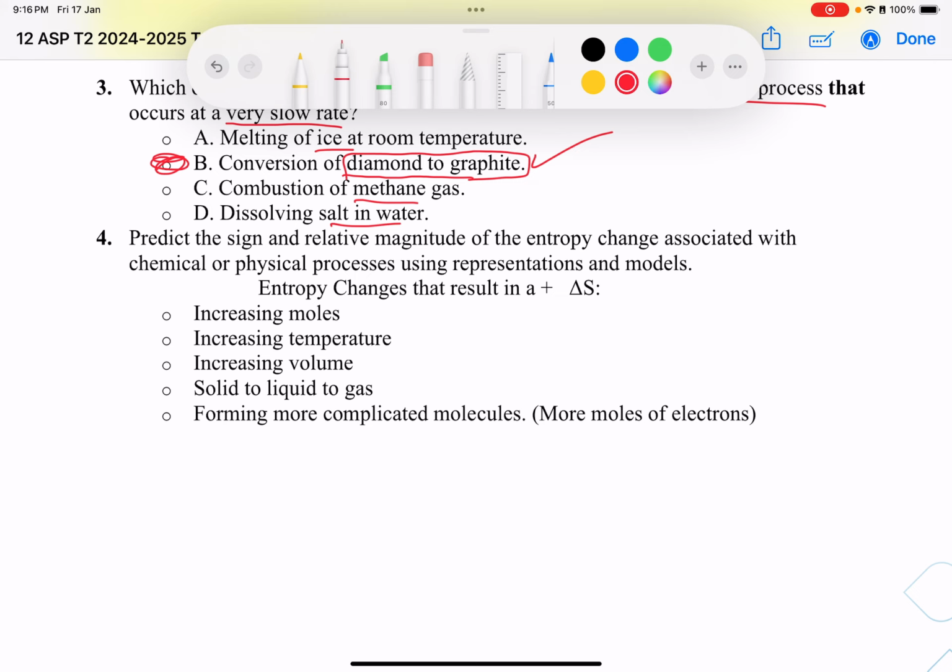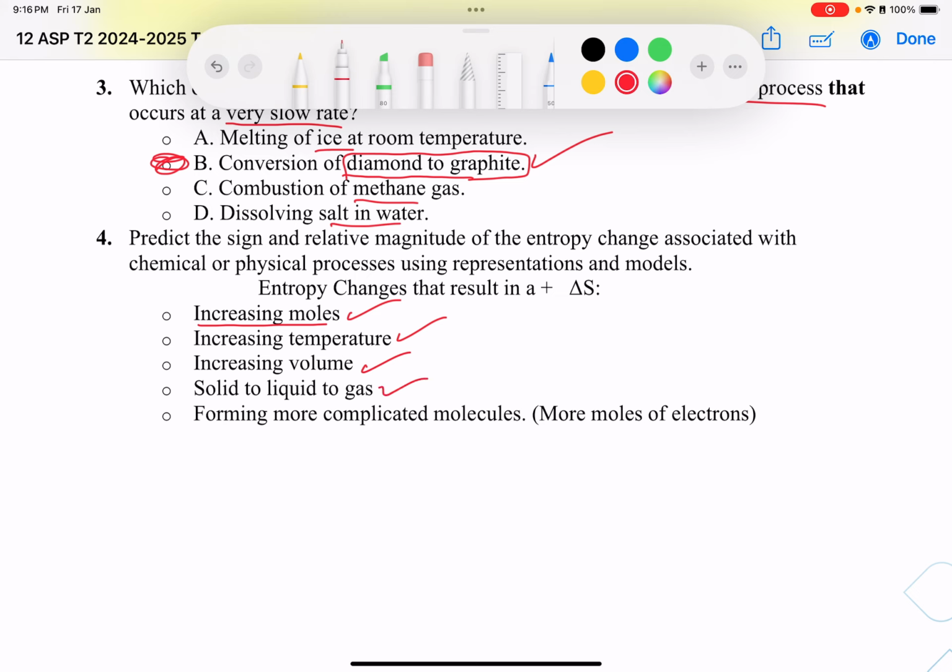All of the above. Which one will give me a positive delta S? Increasing moles: if a process goes to more moles, the entropy is positive. Increasing temperature as well. Increasing volume will increase the randomness.